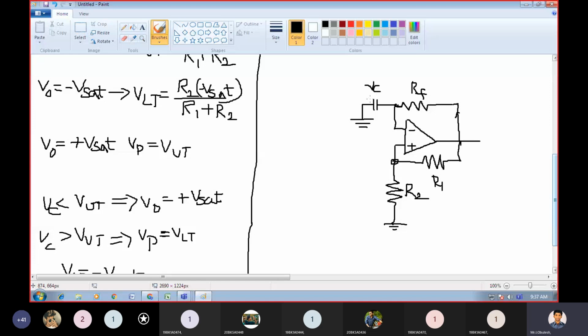VC, assume that this is C. Here we need to connect the capacitor.